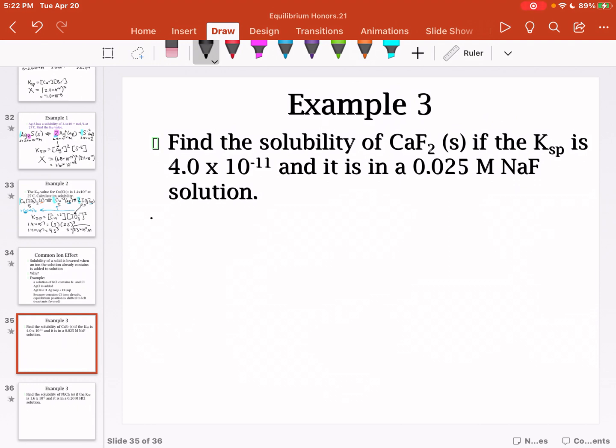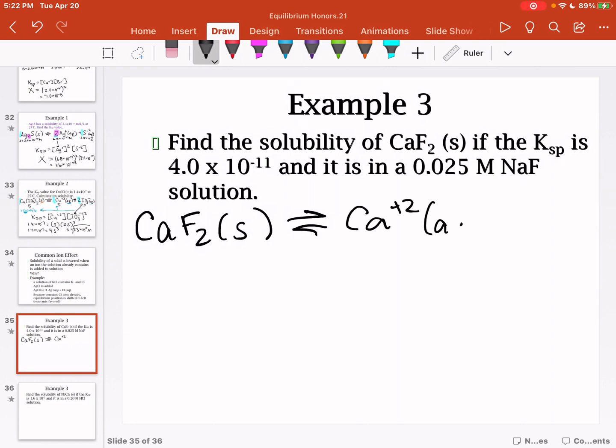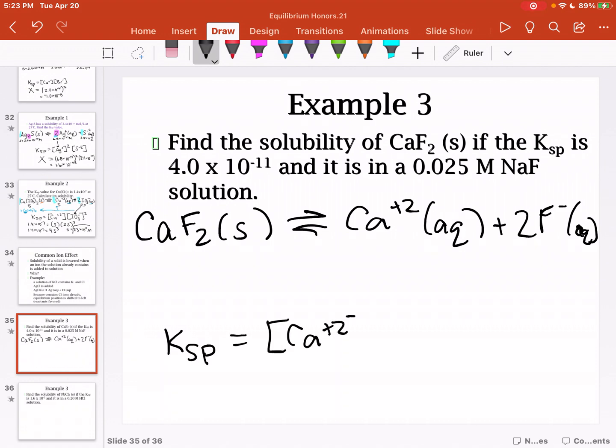Let's look at calcium fluoride. I have calcium fluoride as a solid, and it's going to produce, of course, aqueous calcium ions and 2 moles of fluoride ions. Setting up my KSP expression, I have the product of the concentrations of my products raised to the power of my coefficients, and my reactant drops out because it's a solid.